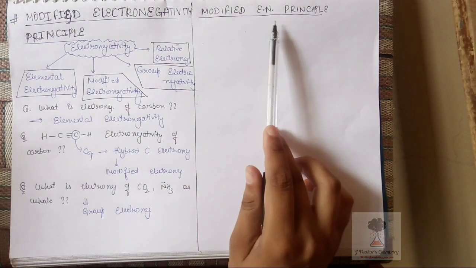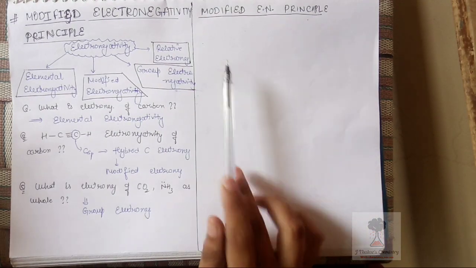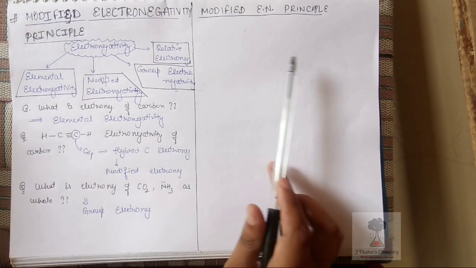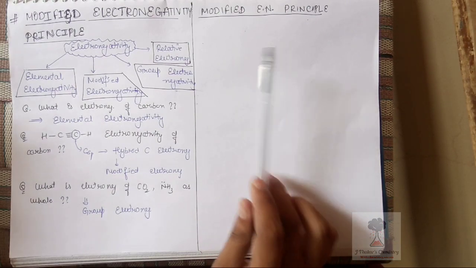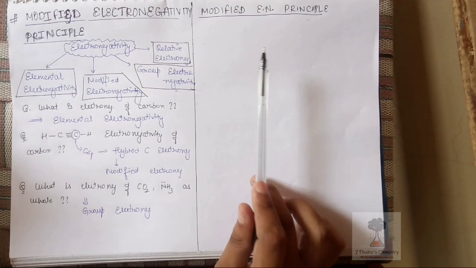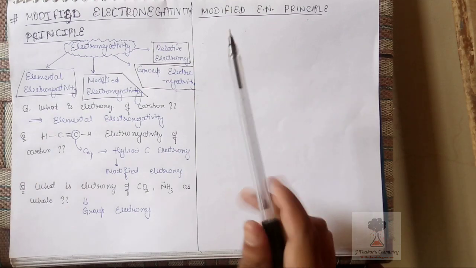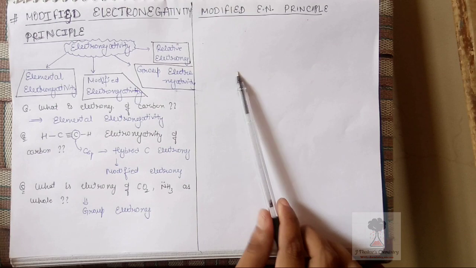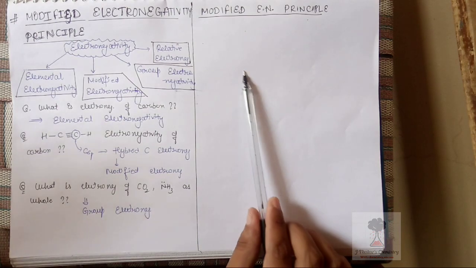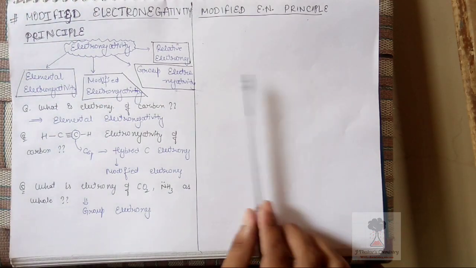In the modified electronegativity principle, we simply compare the electronegativity of hybrid orbitals and of pure elements with each other, and then draw the series of their electronegativities.